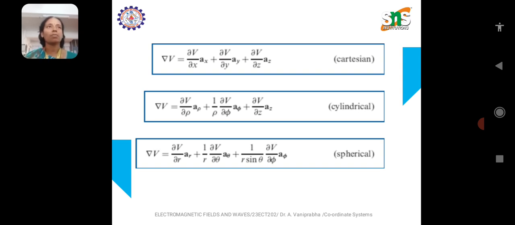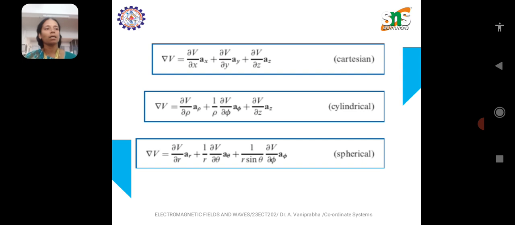Similarly, if the surface under consideration is a plane, sheet or panel that is uniformly charged, then the voltage is equal to 1 by 4 pi epsilon naught times the surface integral of rho s ds divided by r.